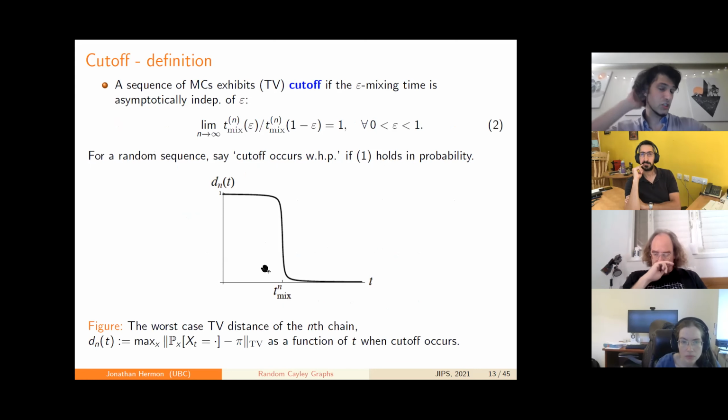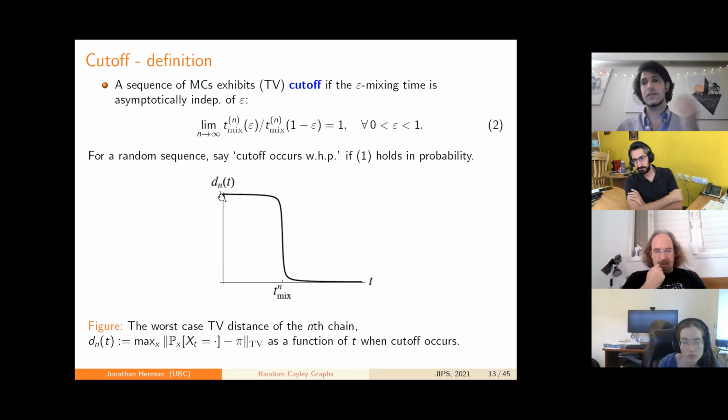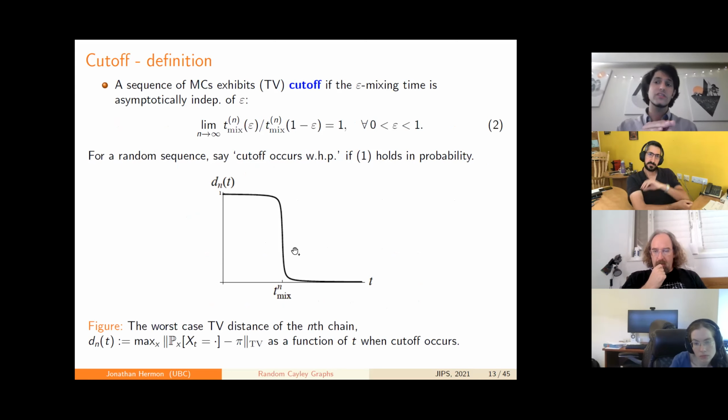So I'm going to show you now a graphical representation. So when cutoff occurs, the graph of the worst case distance from equilibrium as a function of time asymptotically looks like a step function that drops very abruptly from near 1, which is the maximal value for this total variation distance, to near 0.